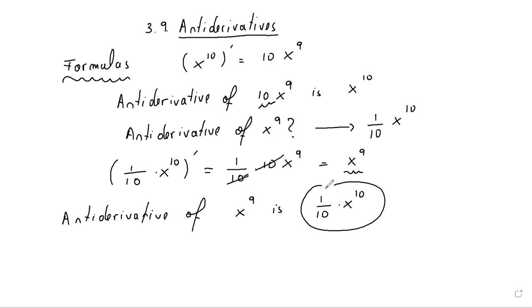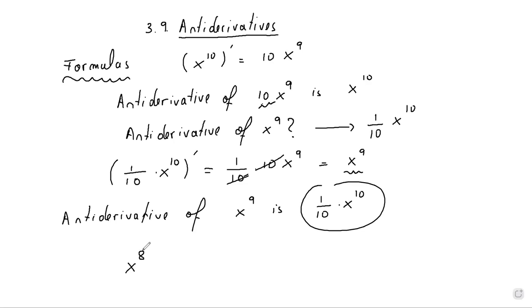Can we do the same thing in general for, maybe not necessarily x to the 10, but let's do another example, to try to figure out the pattern here. Let's say we do x to the 8. We want the antiderivative of x to the 8.